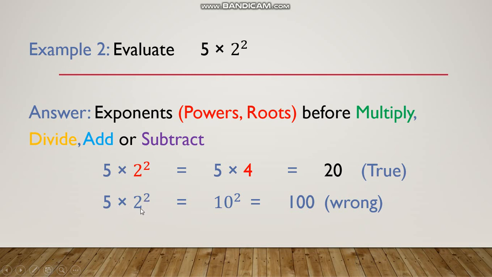It's only for 2. If you multiply 5 times 2 to get 10, and after that square 10 to get 100, this is wrong. So the first answer is the correct answer. You have to find the powers or exponents first, and after that do multiplication or division.